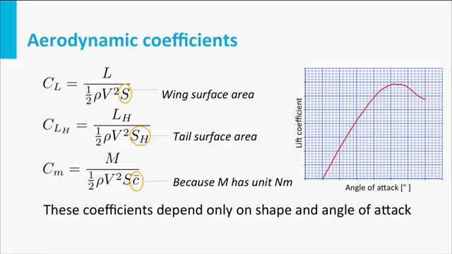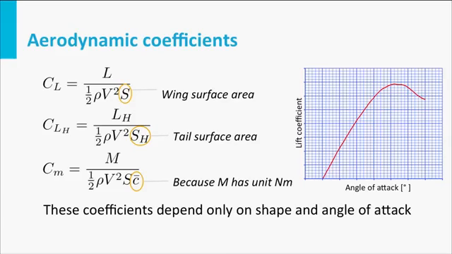But for moments, we basically do the same. We divide a moment by half rho v squared S. But as a moment has the unit Newton meters, that doesn't make it dimensionless. And in fact, if you look at the chord, this scales with the arm of the aerodynamic forces.